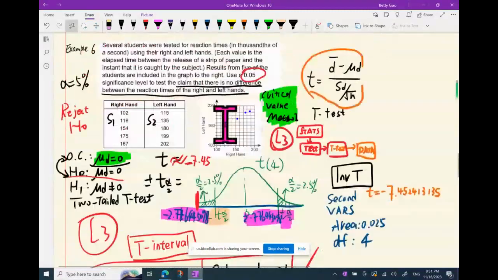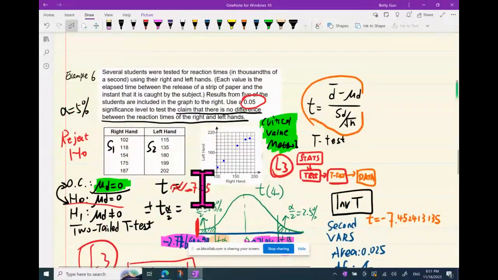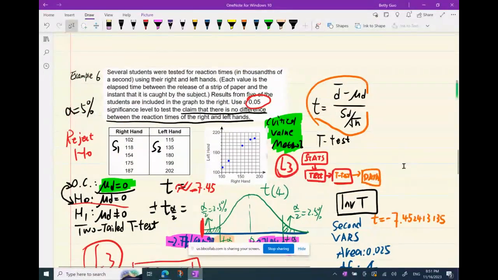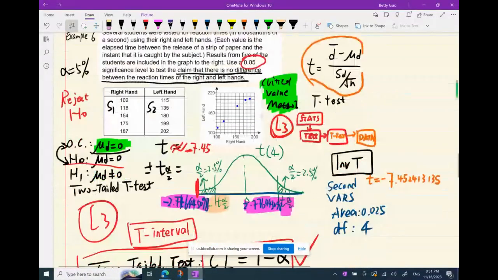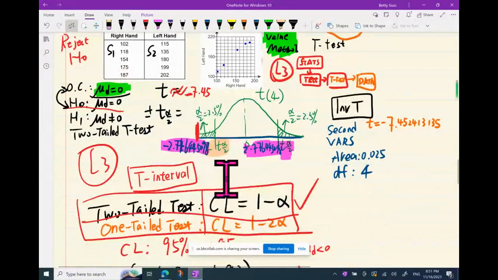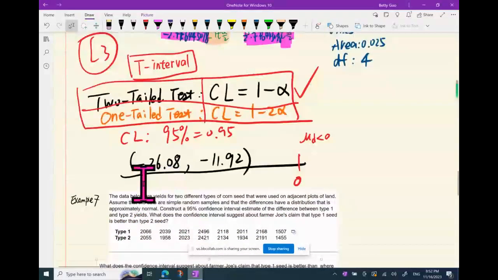We did this question in detail. How do we find the critical values? How do we find the test statistic? How do we apply the T-interval to construct the confidence interval to make a decision about rejecting the null or not? All right, so that's for today.